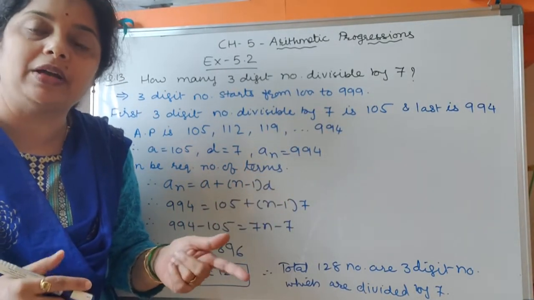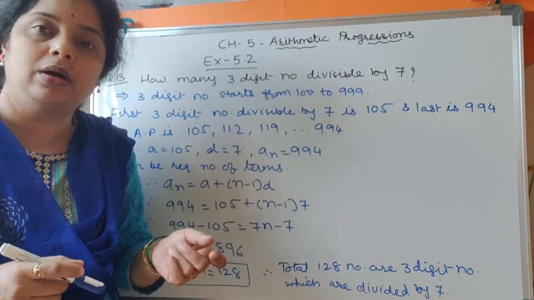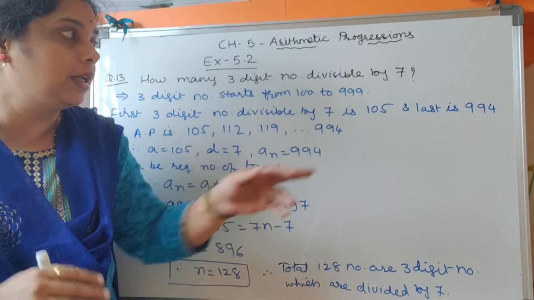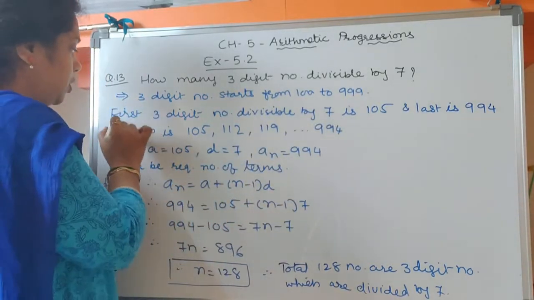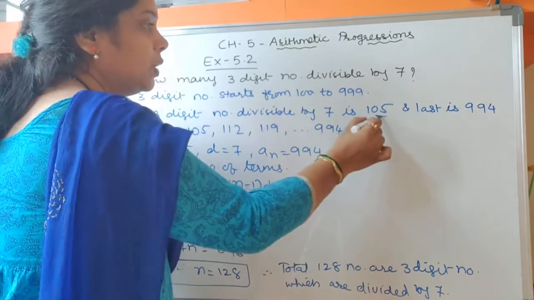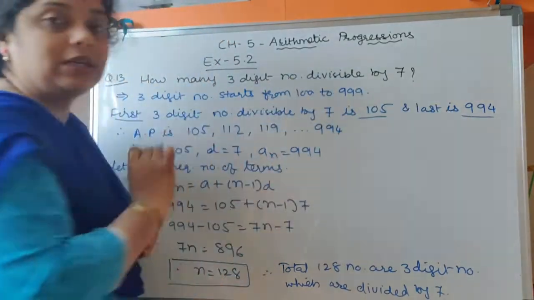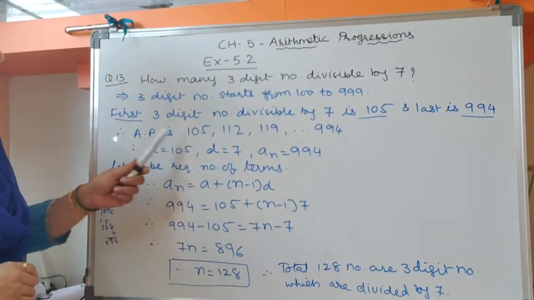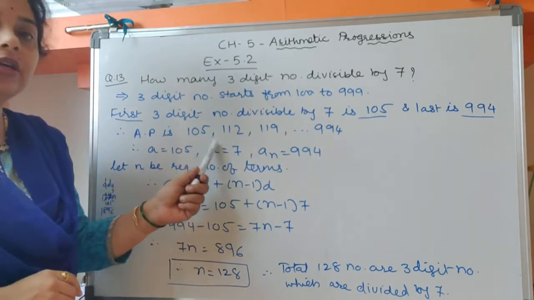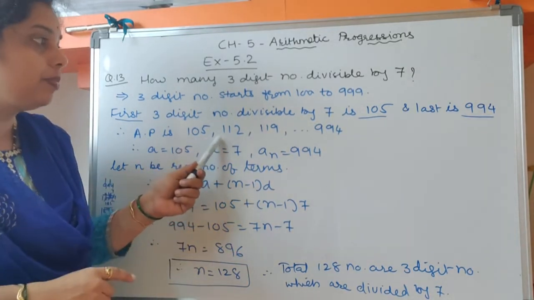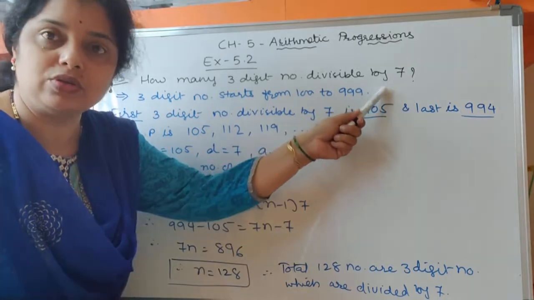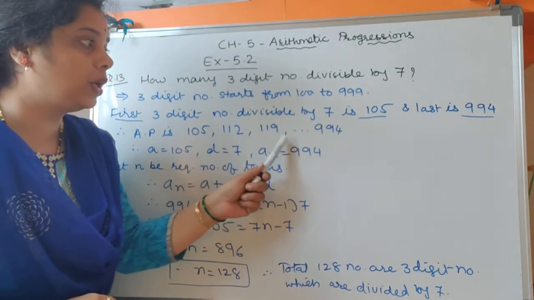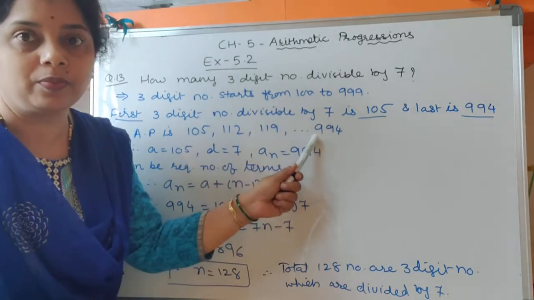You find such multiples by using the table of 7, and then you will find that the first 3-digit number is 105 and the last one is 994. So in short we got an AP as 105, and we continue adding 7 in the next term because it is divisible by 7. So we need multiples of 7. So 105, 112, 119 till 994.